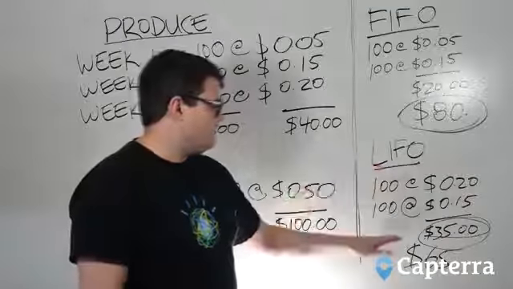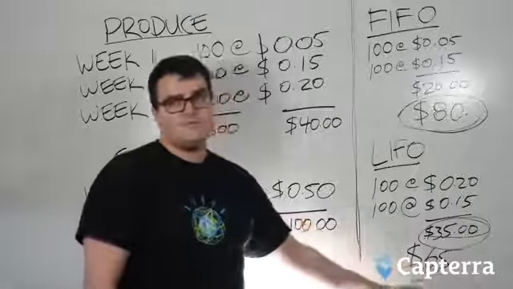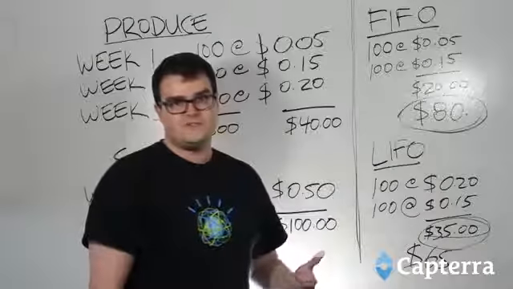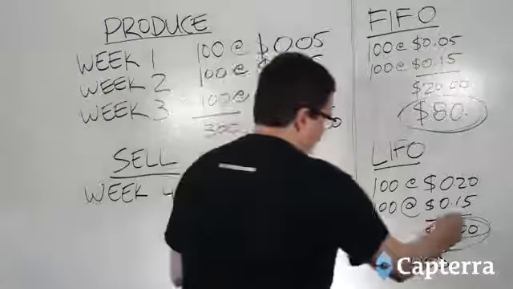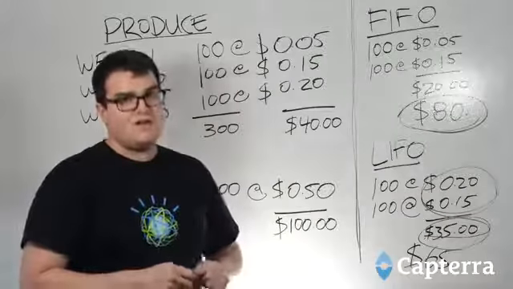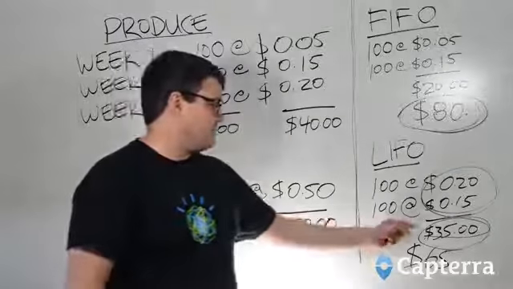For LIFO, one of the major benefits is that not only did you make less profit this time, but you'll probably always make less profit, because as time goes on, the cost of raw materials tends to increase. So every time that you're selling this last-in stuff, you're selling the more expensive stuff, which means that you end up having a very small amount of inventory on hand because you're selling a big chunk of it.